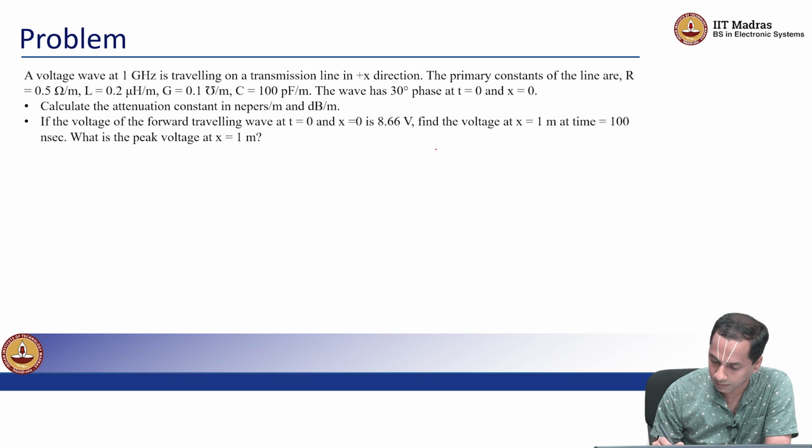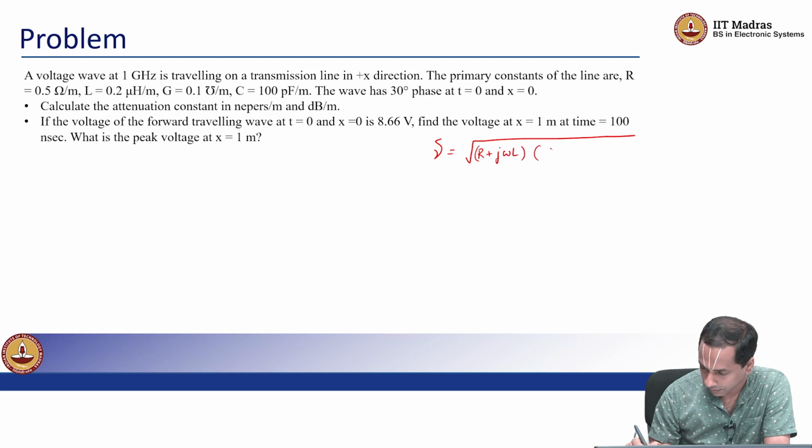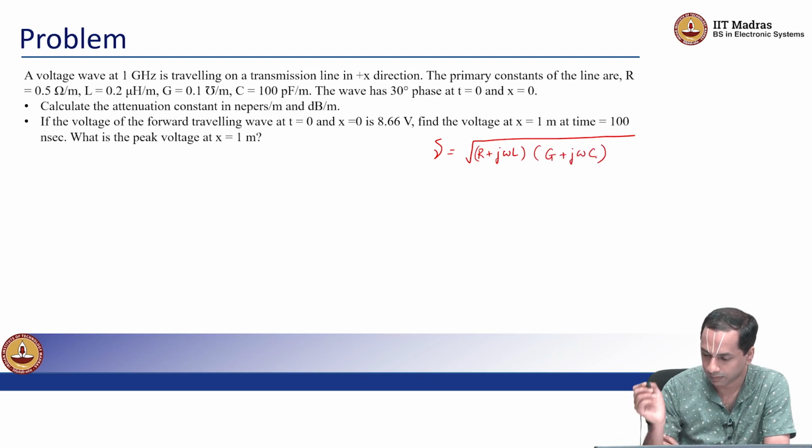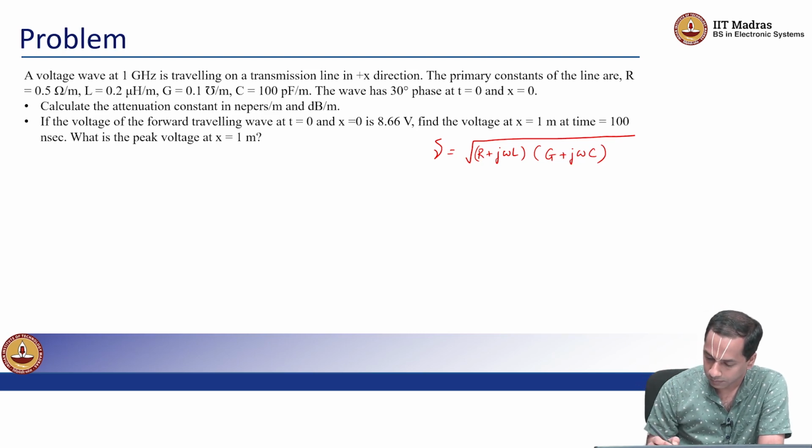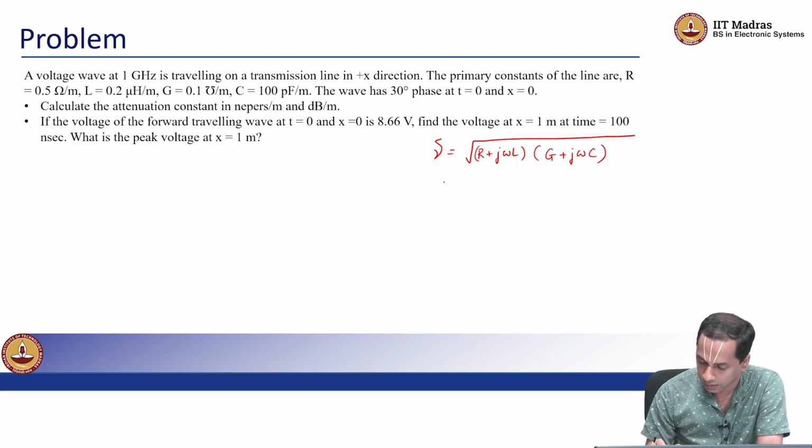So we have propagation constant gamma, which was square root of R plus j omega L times G plus j omega C. So we simply substitute.